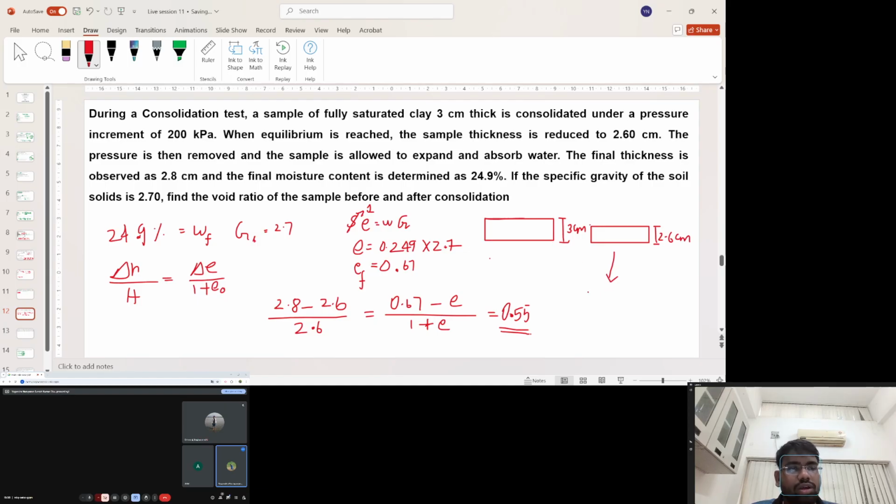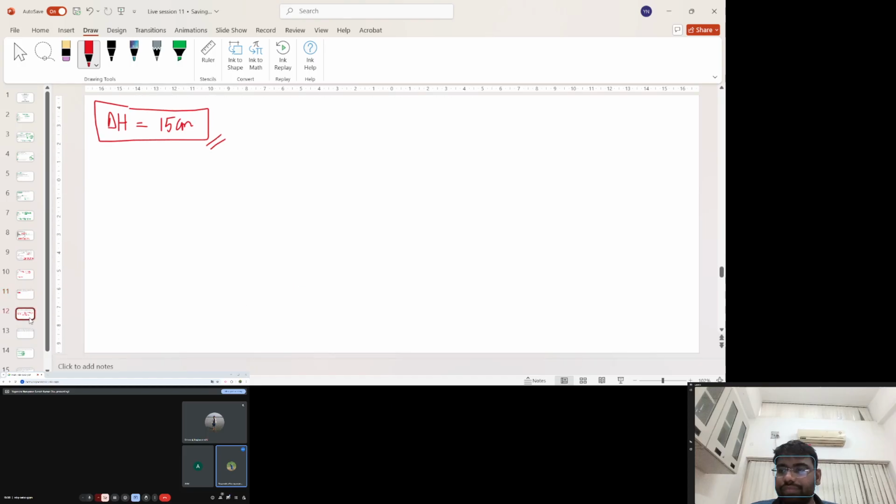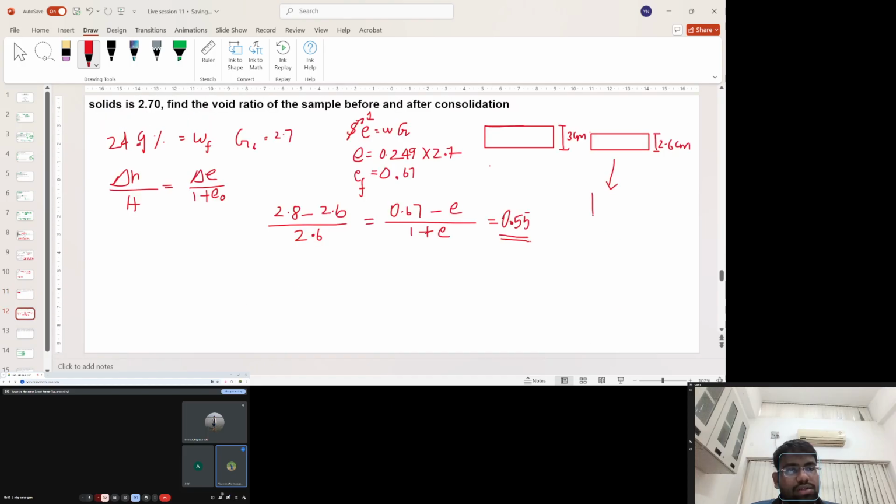Now we are removing the load, and again it is increasing to 2.8 centimeters. Understood? Here the void ratio is 0.67. At this point, it will be at its lowest void ratio, so obviously we are getting lower than 0.67. Let it be 0.55, whatever we are getting. We can cross check it afterwards.